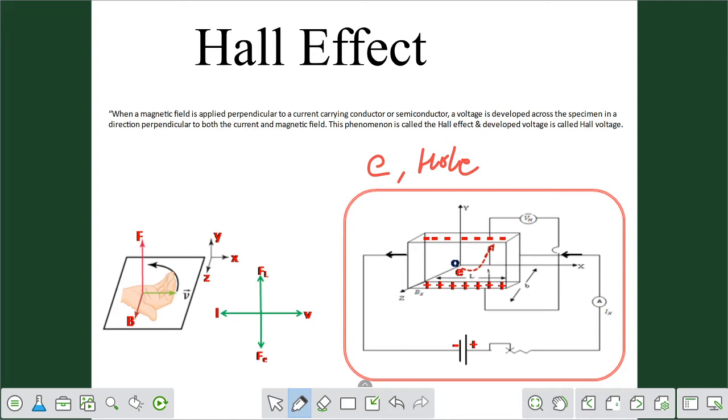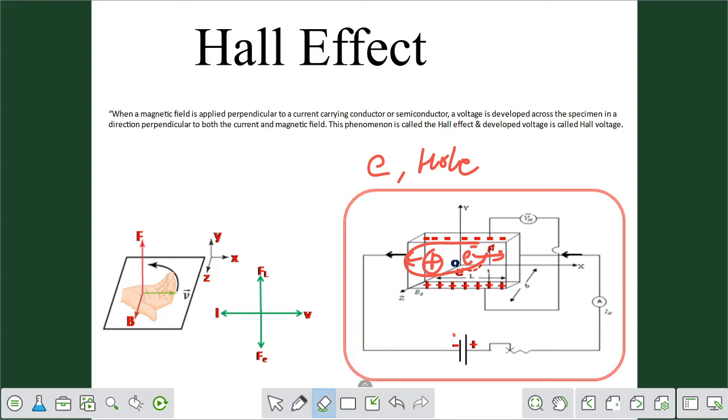So if you apply the electric field, the electrons will move toward the positive electrode of the external power supply, and the holes will move toward the negative electrode of the external power supply. So that kind of motion of the charge carriers will happen within the semiconductor material.